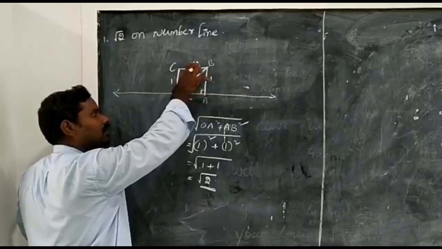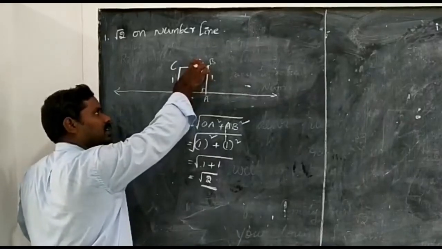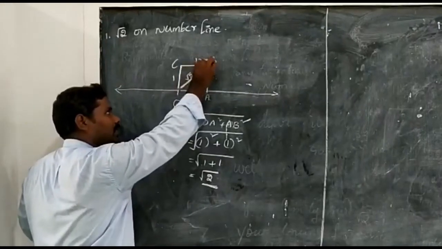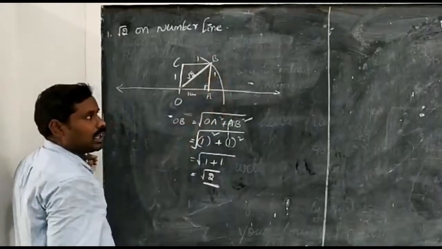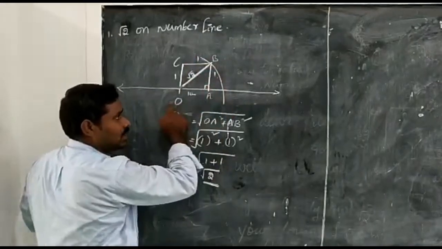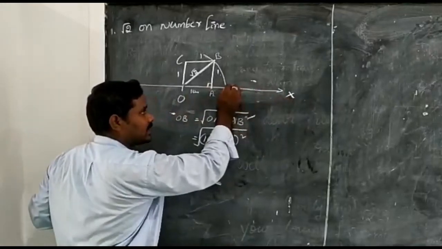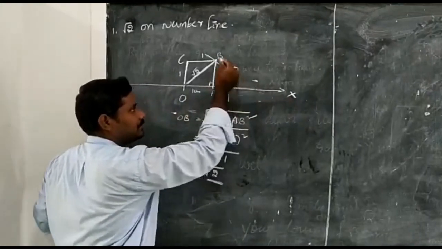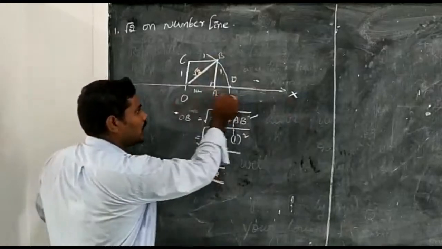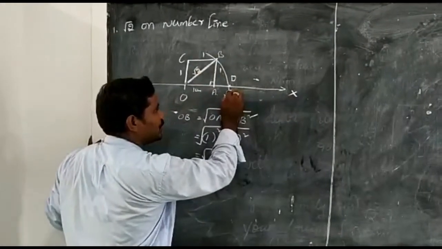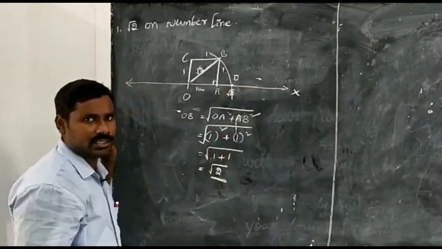Now take OB as the radius and draw one arc like this. Now it intersects the OX at some point D. Now OD length is root 2.